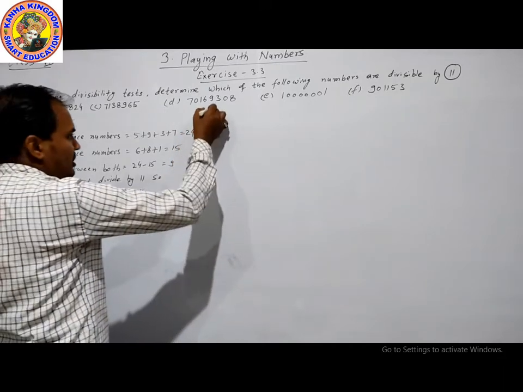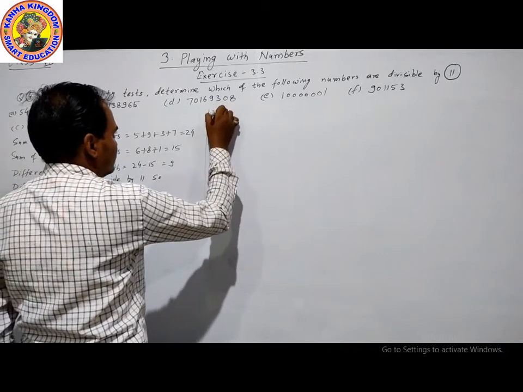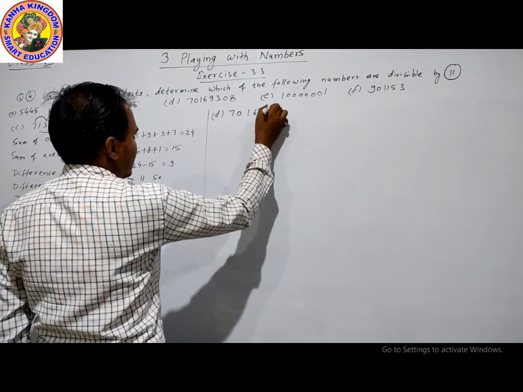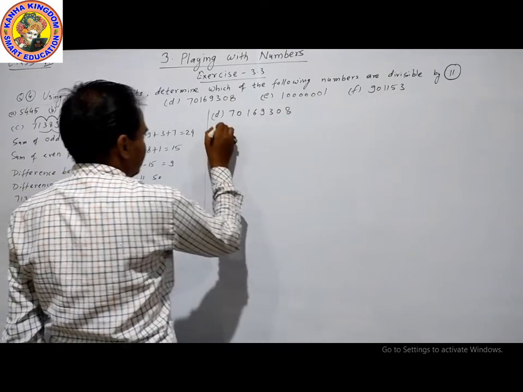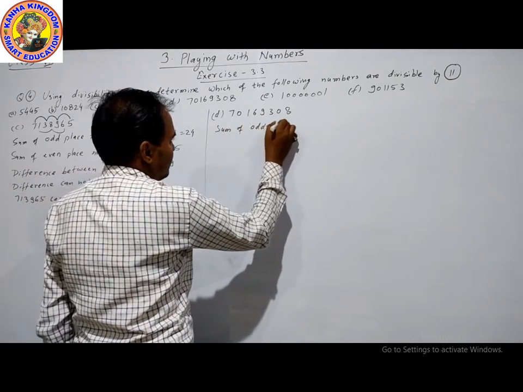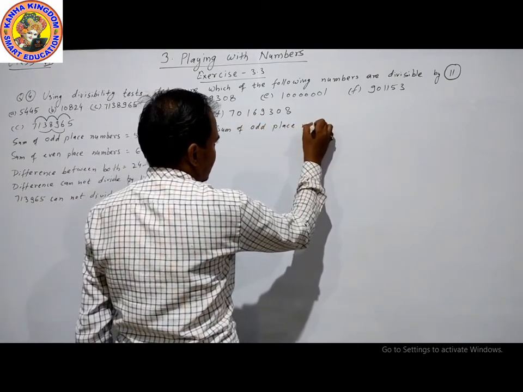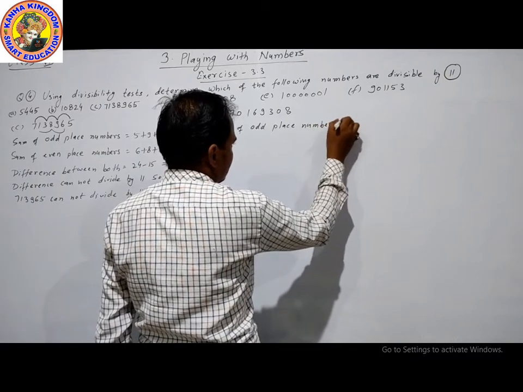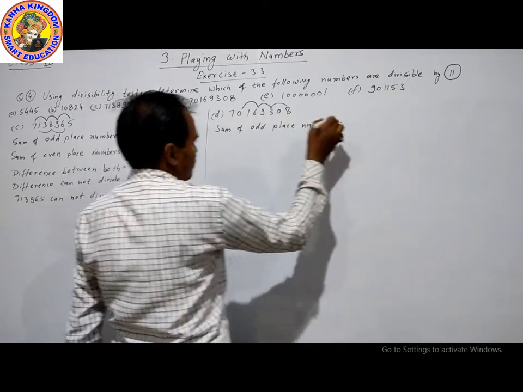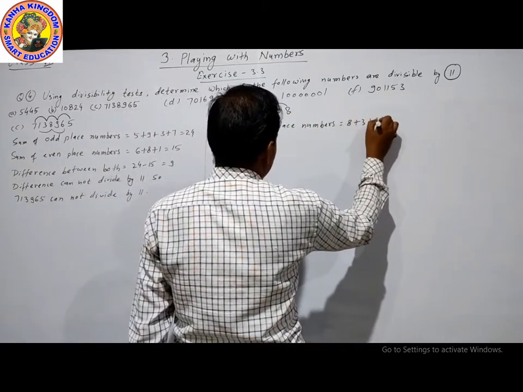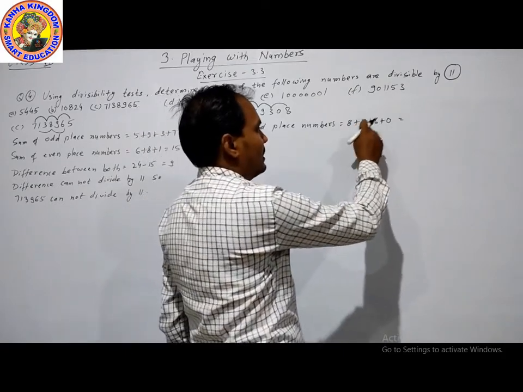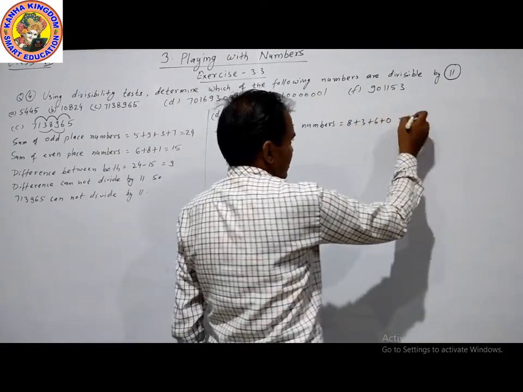Now taking next, D, 70169308. Sum of odd place numbers: 8, 3, 6, 0. 8 plus 3 plus 6 plus 0. 8 plus 3 is 11, plus 6 is 17.